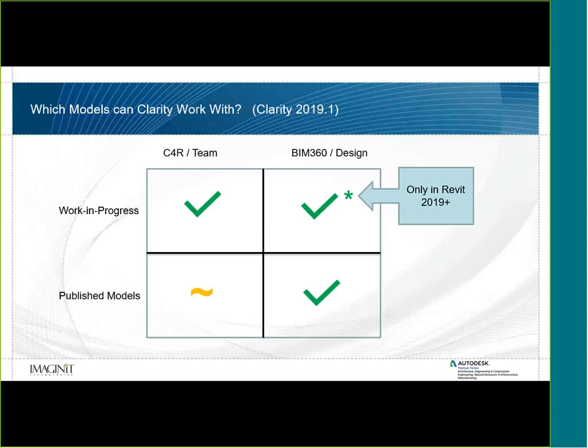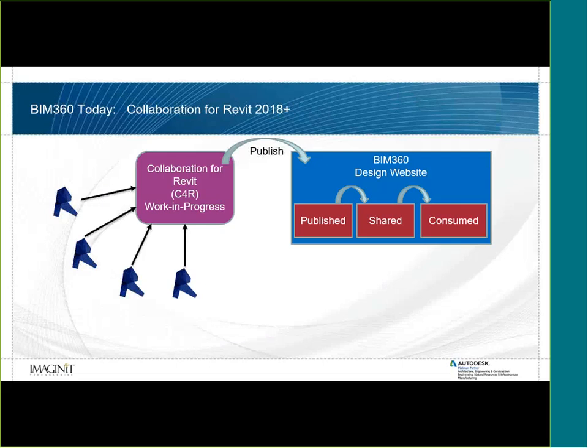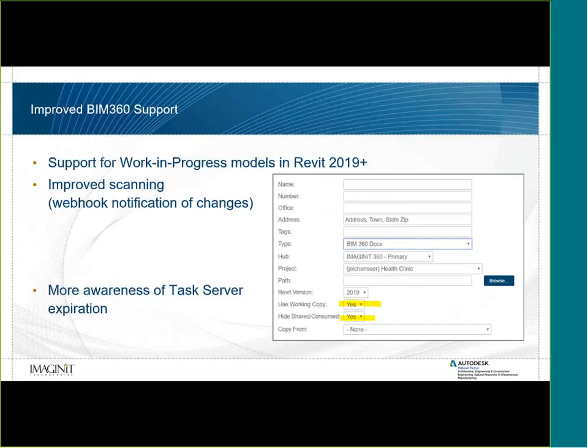Knowing that that also gets into a little bit of a caveat again, if we go back a couple slides for a moment to this particular piece here, in that blue box on the right-hand side, we had some different states for the model once it was inside that published area. We have also built in some better support for managing those different states. When we set up a project, you can see the highlighted items on the bottom right-hand side: we have the ability to say, do you want to let Clarity use the working copy? Yes or no?